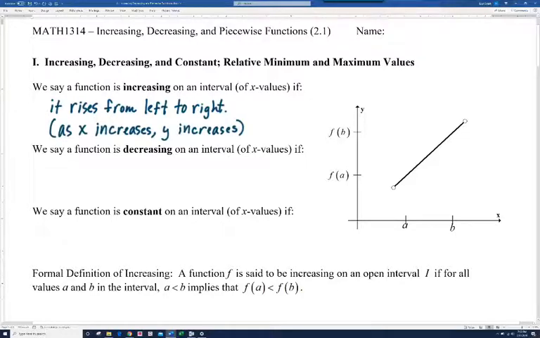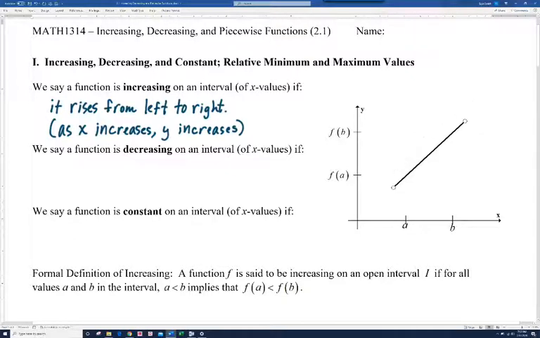Another way to say that is as x increases, y increases. So it's pretty intuitive. You can see that this function from left to right is rising, and so we could say it's increasing on whatever interval in here we want to use. That's an example of a function that is increasing on an interval, certainly in between a and b here.